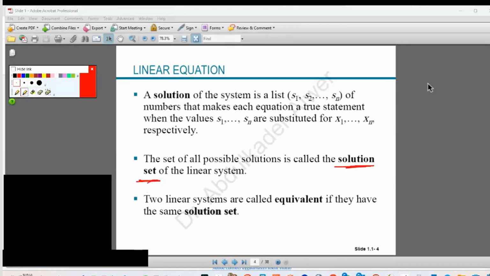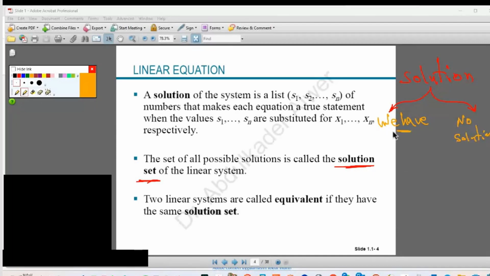Okay, let's draw here on the solution. So we have two parts here. First one, we have a solution. Another part, no solution.